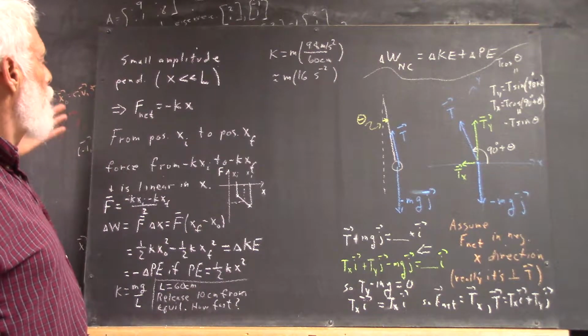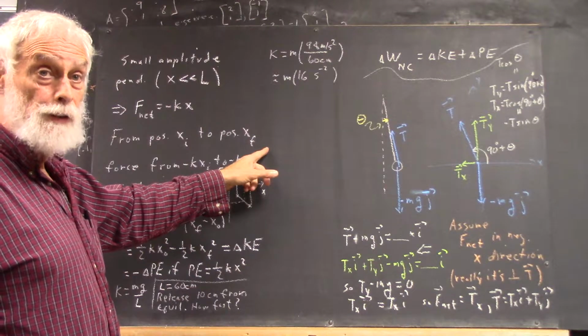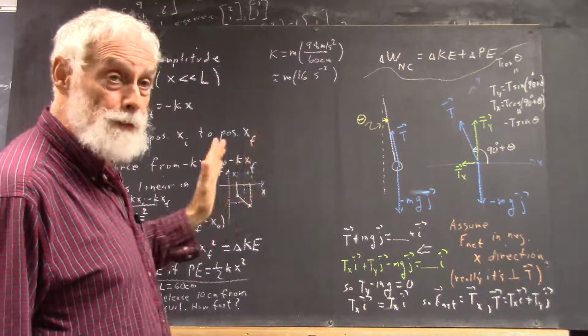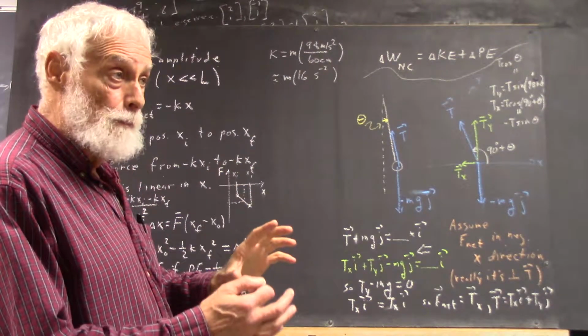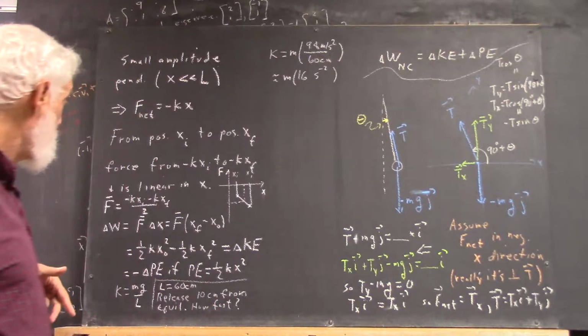Okay, well, then we look at the net force. Well, we're trying to figure out the work that's done as you move from position xi to position xf. Okay? So just, this pendulum, some position from xi to xf, where again, x is always small, much smaller than L, so the theta is a small angle. Okay?